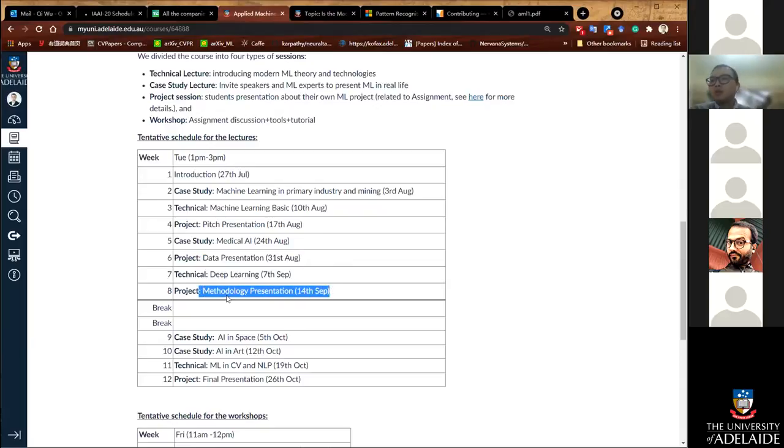It's called the methodology presentation, a presentation about your method. You need to present what kind of method, for example SVM or deep learning, you want to use. And there is also the final presentation, which is about the whole project. So there will be 4 project presentations from the 17th of August to the end of the semester, which is the 26th of October.